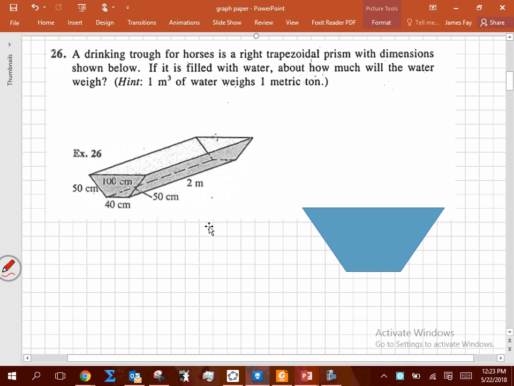So I need to find volume. If I'm going to find a weight, I've got to find volume. In this situation, what are our bases here? Trapezoids. And they're a special type of trapezoid because that's 50, and so is that.